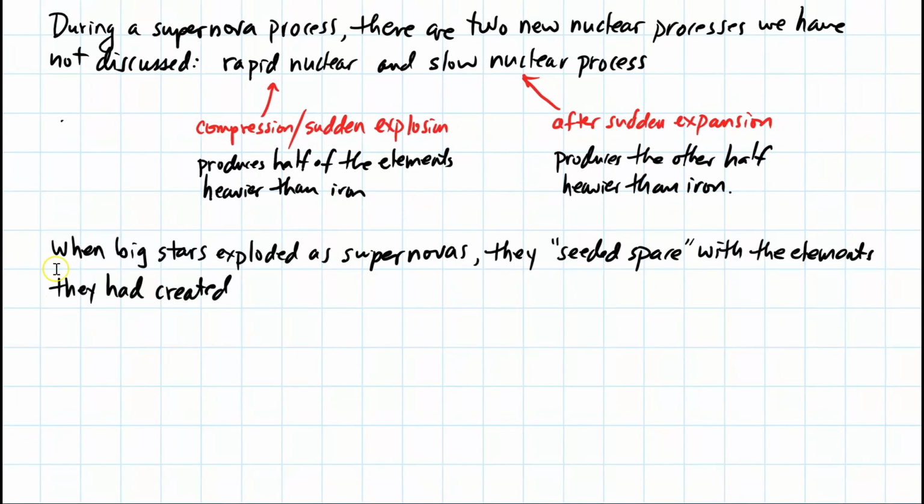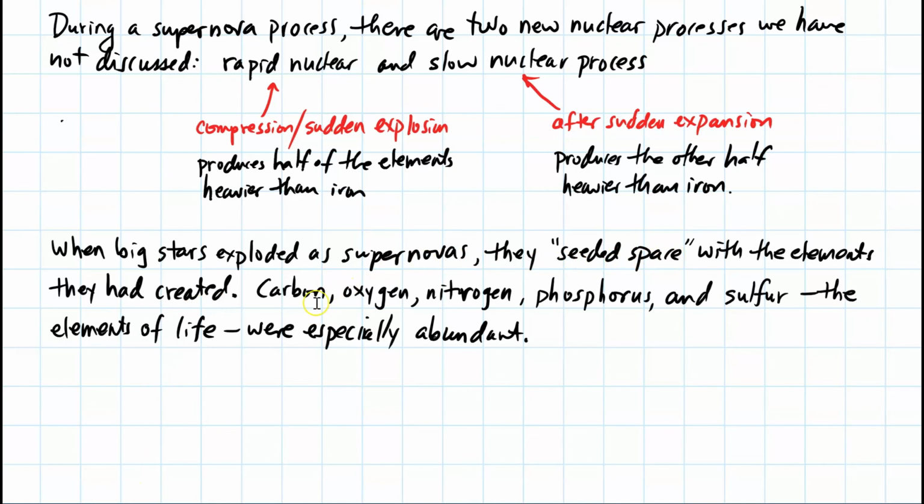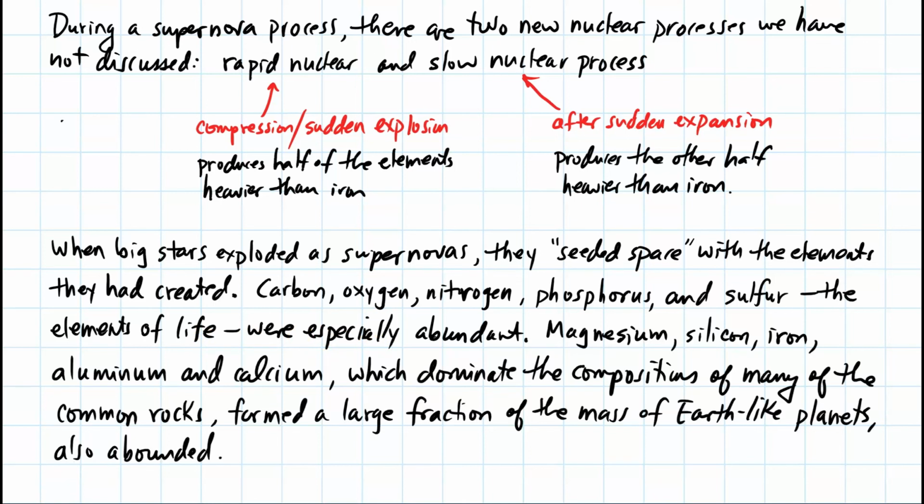heavier elements. When big stars exploded as supernovas, they seeded space with the elements they had created. Elements like carbon, oxygen, nitrogen, phosphorus, and sulfur, the elements of life, were especially abundant, as well as all of the metals.